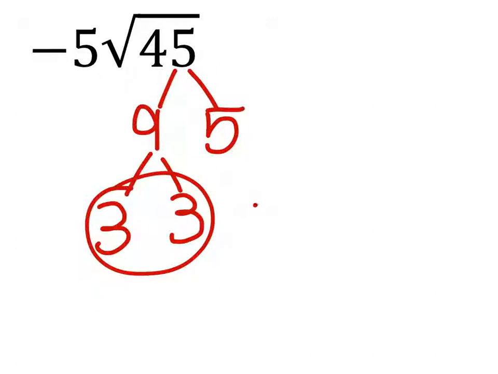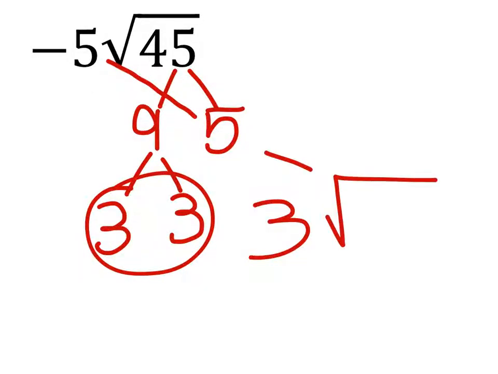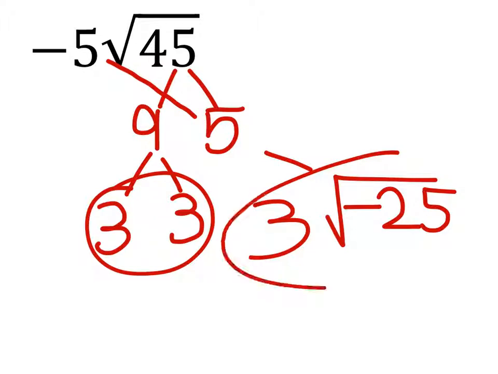And so that'll be that. And if you times -5 and 5, it equals -25. Is that right?